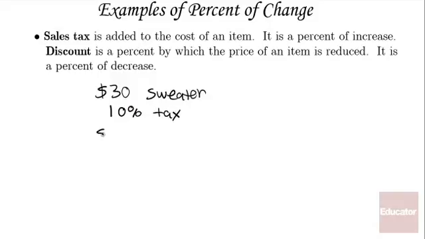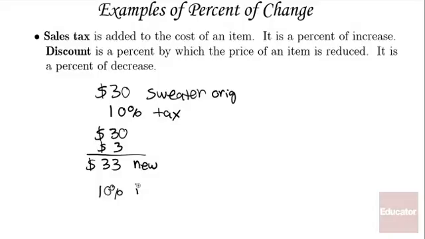That means that my sweater was $30, but 10% of 30 is $3. So my final price is actually going to be $33. So that's considered a percent increase because, again, the final number, the new number, is greater than the original amount. And that sales tax resulted in a 10% increase in the price.